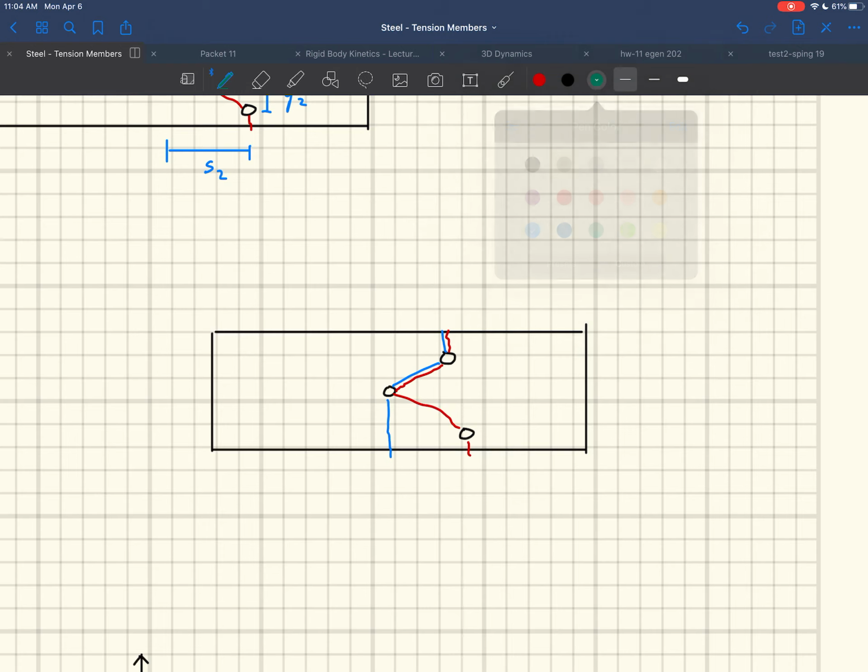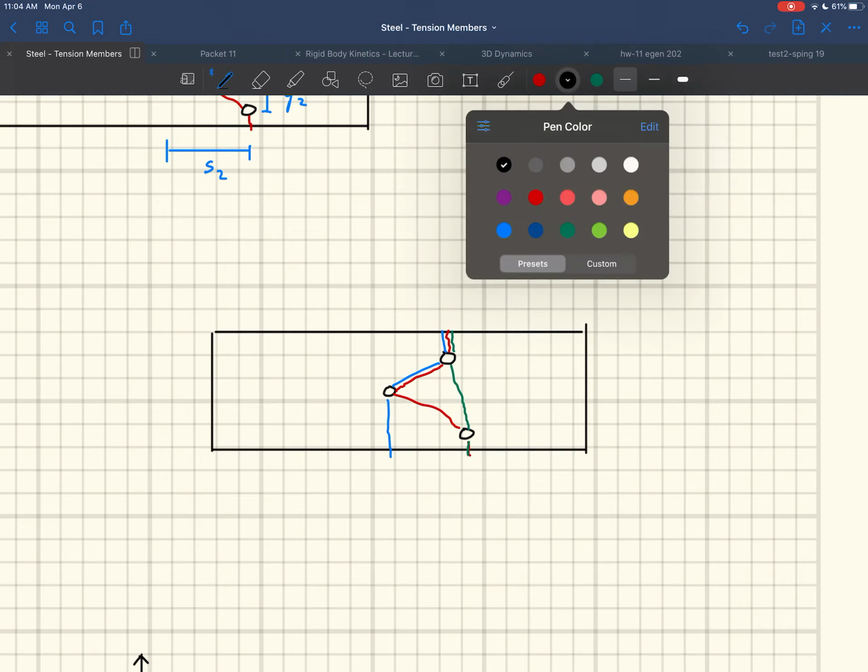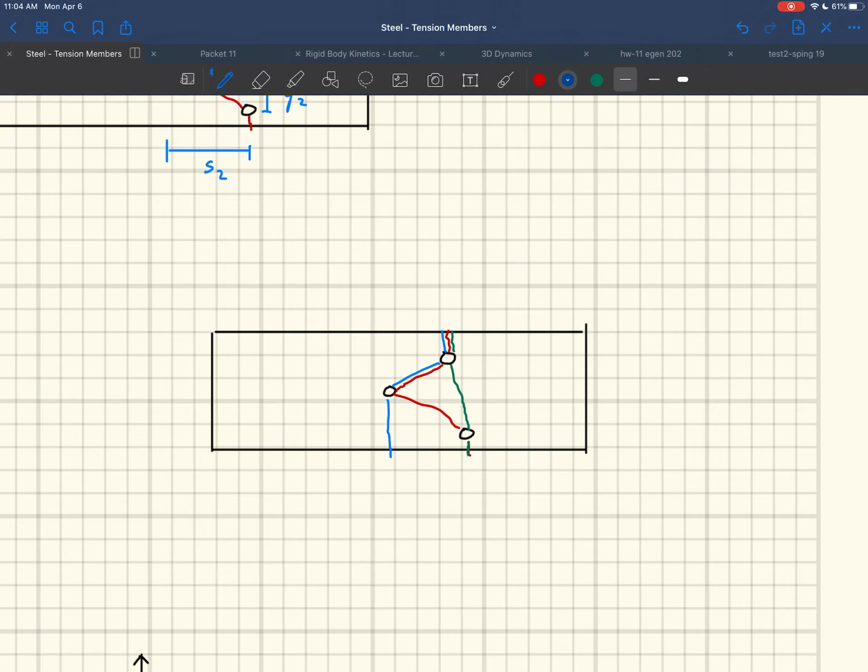Or could it go here and then over and then down? Or could it go, well, it could do one hole too. It could go through any one of these. So I'm running out of colors here. You can go and rip through one hole.